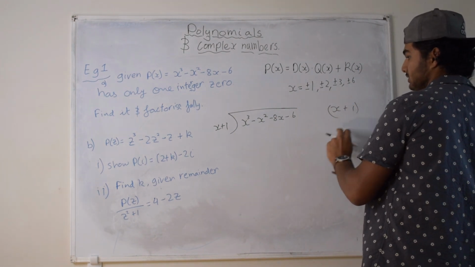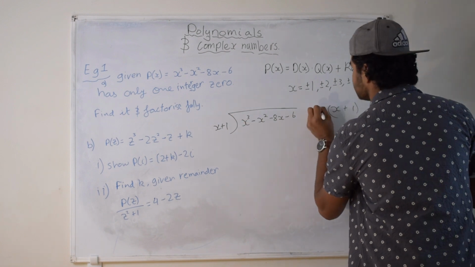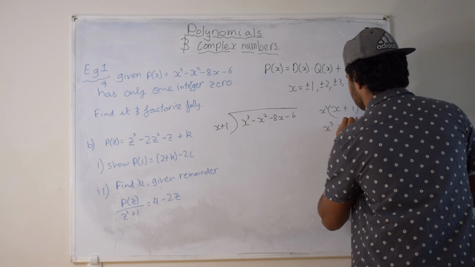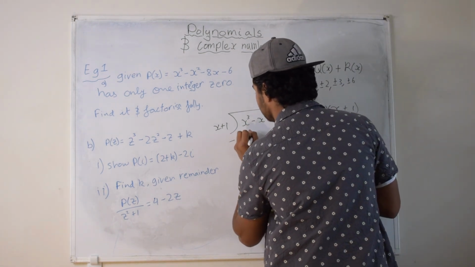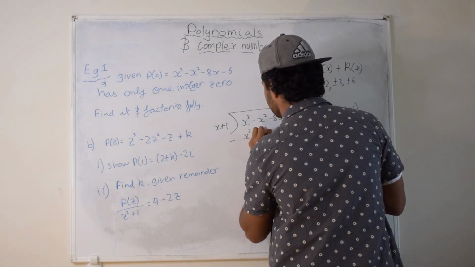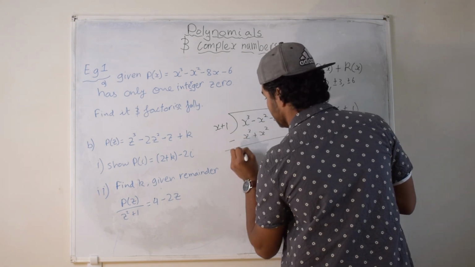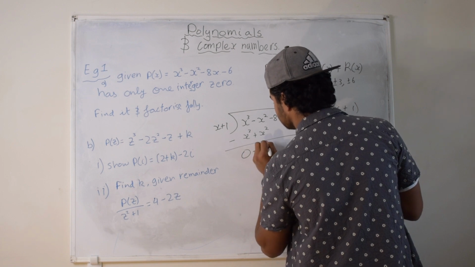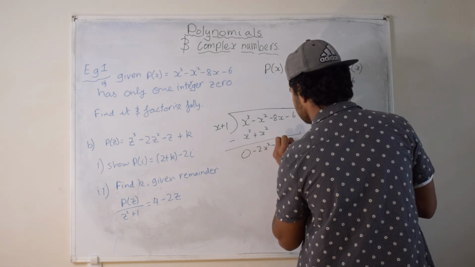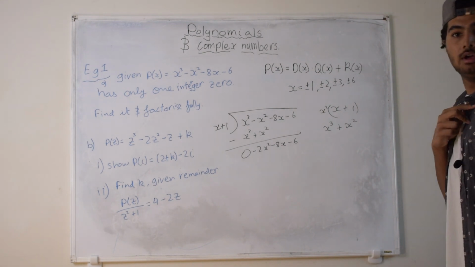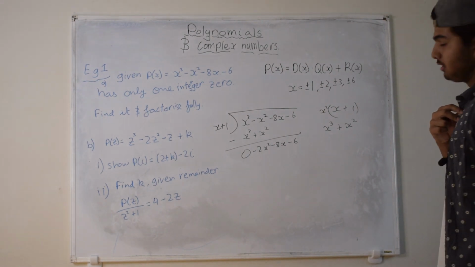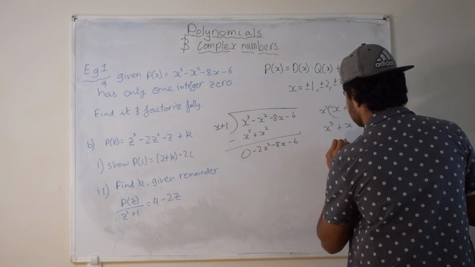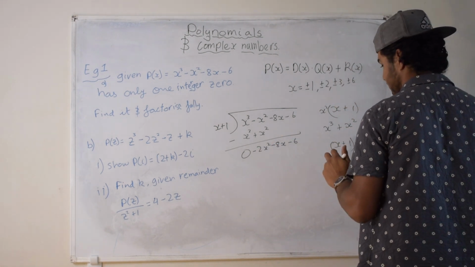First step, we've got x plus 1. What can we multiply this by to get x cubed? We go x squared, which gives me x cubed plus x squared. So we go minus x cubed plus x squared, 0, and that then gives me minus 2x squared minus 8x minus 6. Same thing. What can we multiply x plus 1 by to get minus 2x squared?